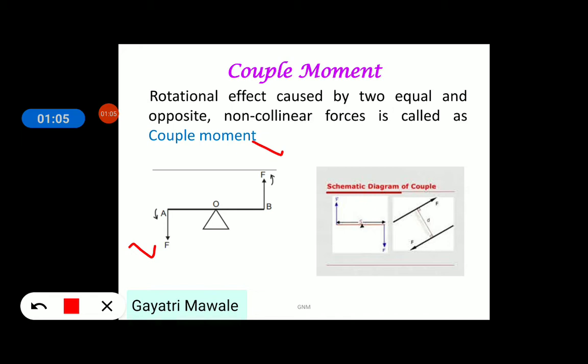When these two forces simultaneously act on the rod AB, it causes the rod to rotate. Here the rotation is anti-clockwise. This rotational effect is called as couple moment.